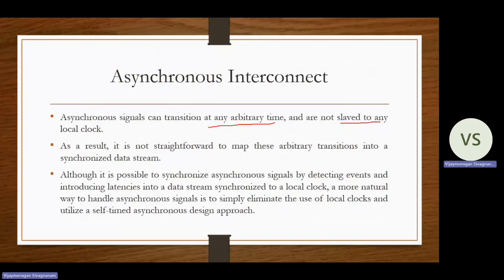Although it is possible to synchronize an asynchronous signal by detecting events and introducing latencies into a data stream synchronized to the local clock, a simpler way to handle asynchronous signals is to eliminate the use of the local clock and utilize a self-timed asynchronous design approach.